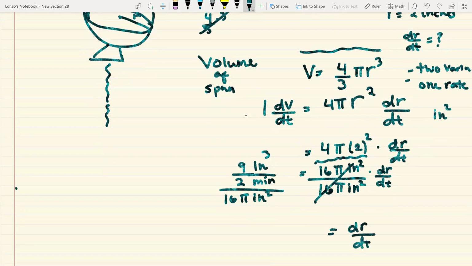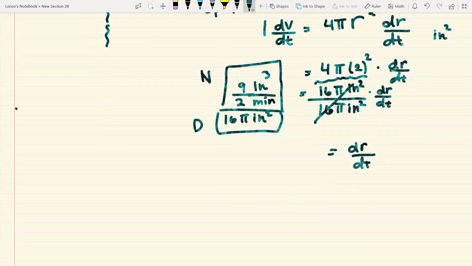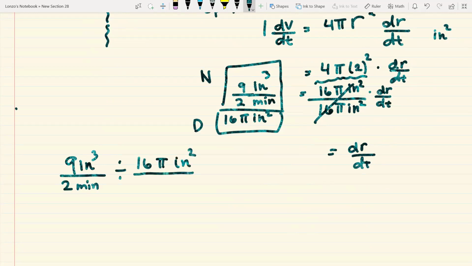Now this is confusing. You're going to have a complex fraction, so just be careful with the units. This is your numerator, and this is your denominator. If you want, you can rewrite this as 9 inches cubed over 2 minutes, divided by 16 pi inches squared over 1.